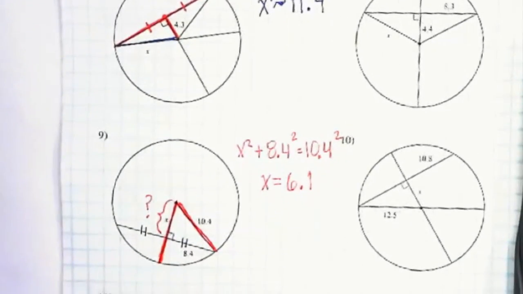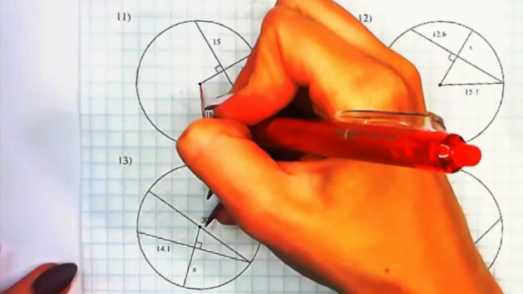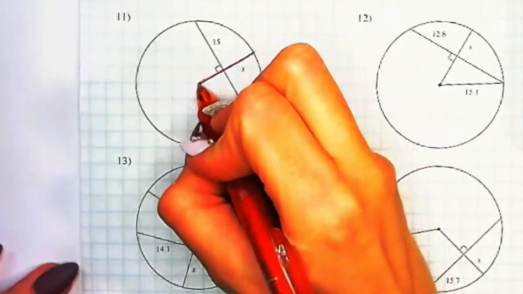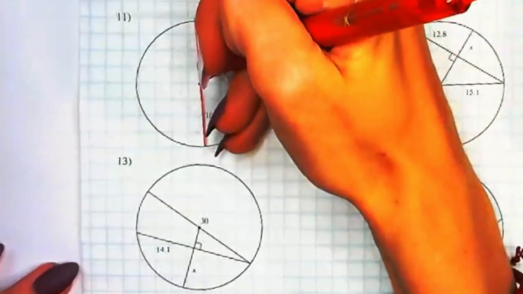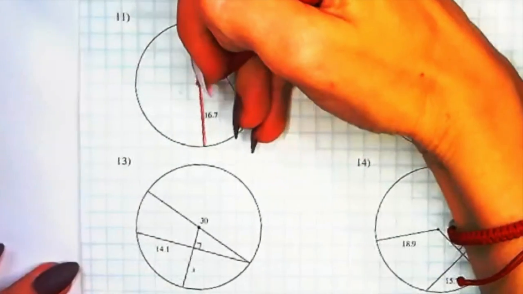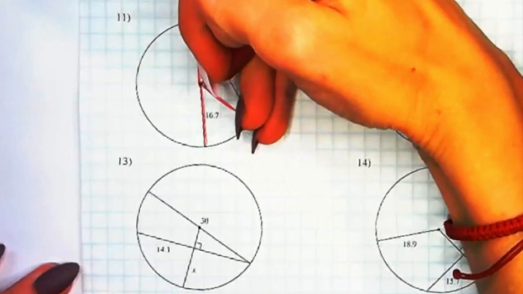All right, number 11. This piece right here, we have a radius of 16.7, and that's also a radius of 16.7. Now, not even sure where we have to go with all this, but I also see that I might need this one. That's a radius of 16.7, as is this piece right over here.